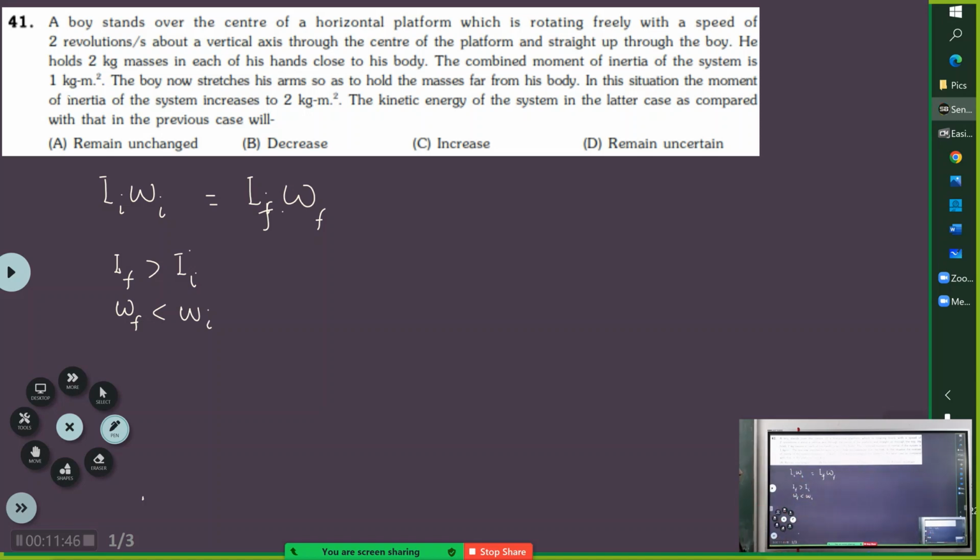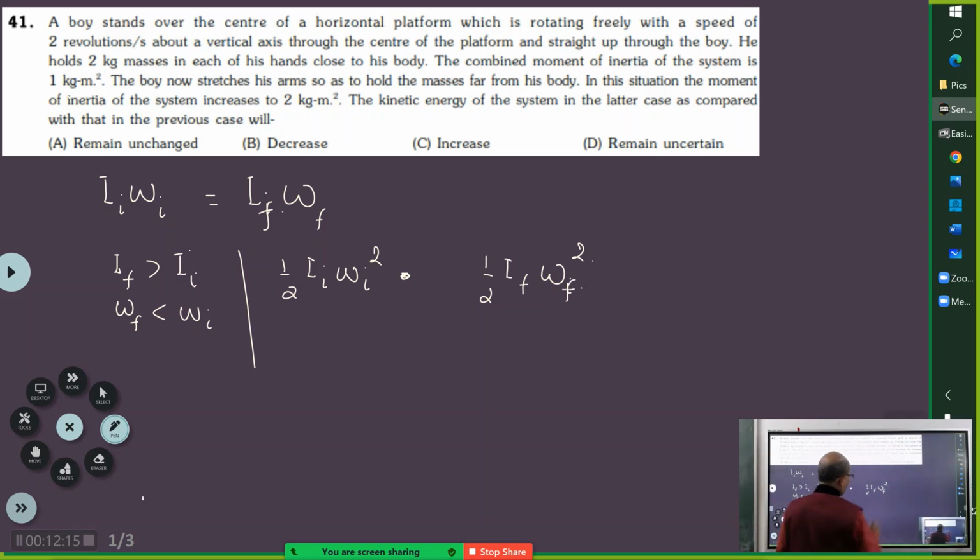Now they are asking about the kinetic energy of the system in the latter case. The initial kinetic energy will be half I_i omega_i squared. And the final kinetic energy will be half I_f omega_f squared, right?